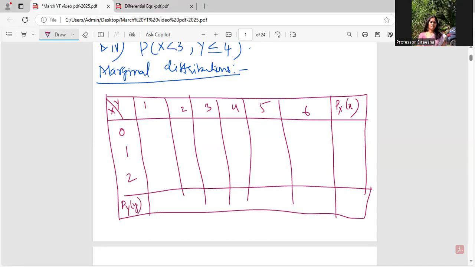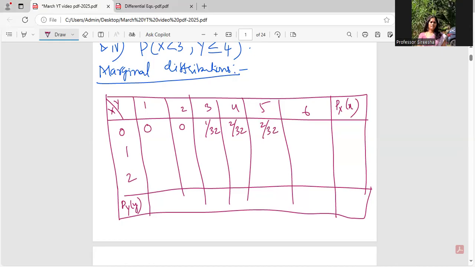So 0 and 1, are there any values? 0 and 1, the value is 0. 0 and 2 also the value is 0. Now coming to 0 and 3, the value is given to be 1 by 32. 0 and 4, the value is 2 by 32. 0 and 5, the value is 2 by 32.